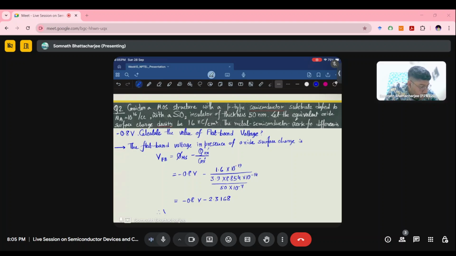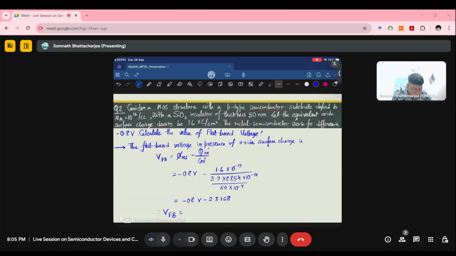So the value of VFB is, just a second, 0.8 minus 0.2318, or 0.8, oh sorry, 0.8 plus 0.2318.